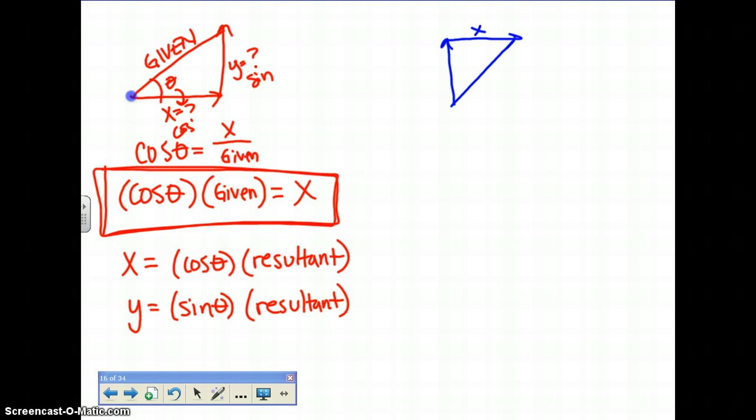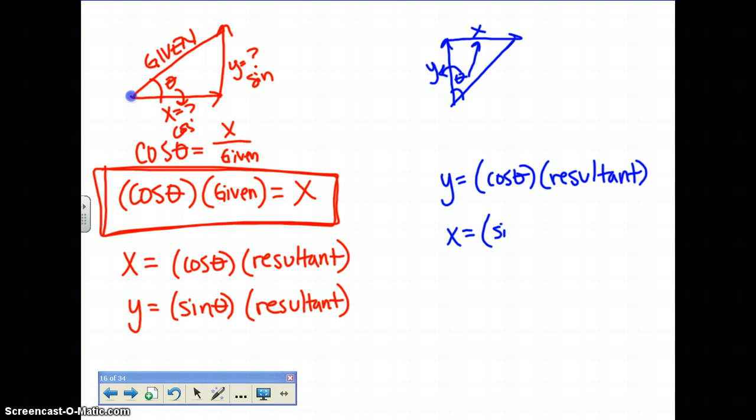Because now your x is opposite and your y is adjacent. So now if you were solving for your y component, it is adjacent, so that would mean cosine theta times resultant. And your x component is now opposite, so opposite is sine theta times resultant.